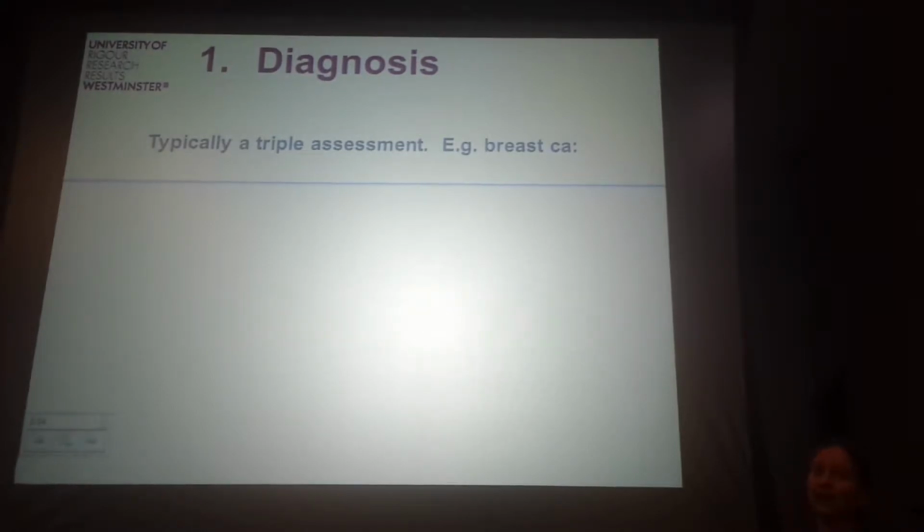But as you'll see, the development of molecular biology techniques and our understanding about the changes in cancer mean that this diagnosis lecture in 5 years' time could be quite different to what it is today. So things are changing quite considerably.